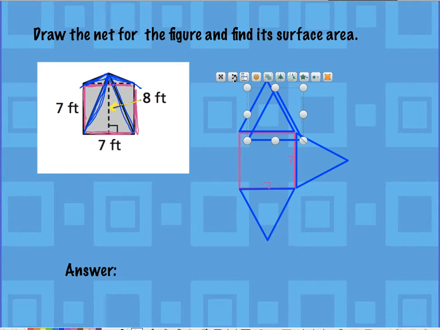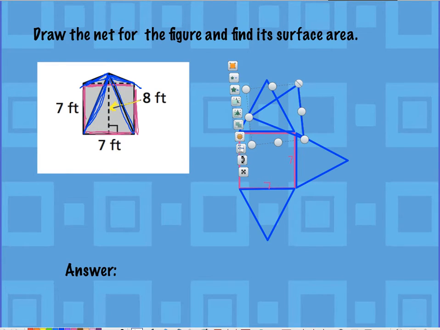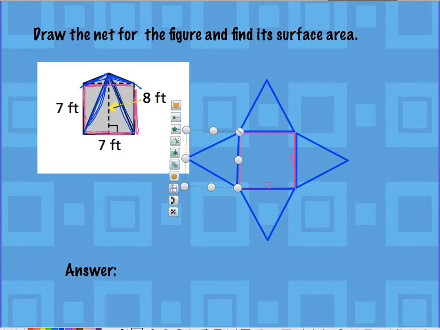We want everything to meet up perfectly. Since we can see that the height here is 8, we know that the height of each triangle is also 8.